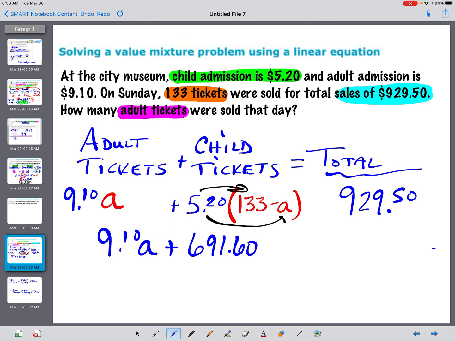And then we also have 520 times A on the negative side. And so that'll be 520A. And it all still equals 929.50.